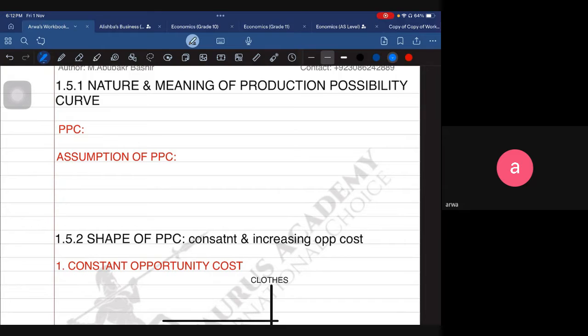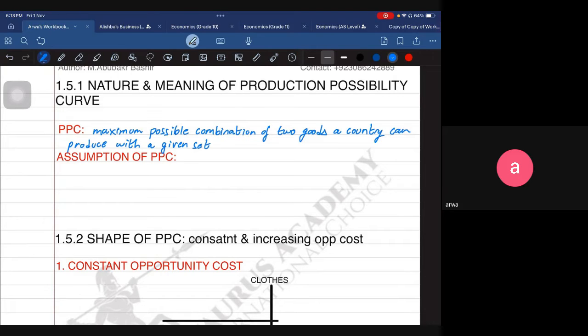So, this is the maximum possible combination of two goods a country or an economy can produce with a given set of inputs and state of technology.